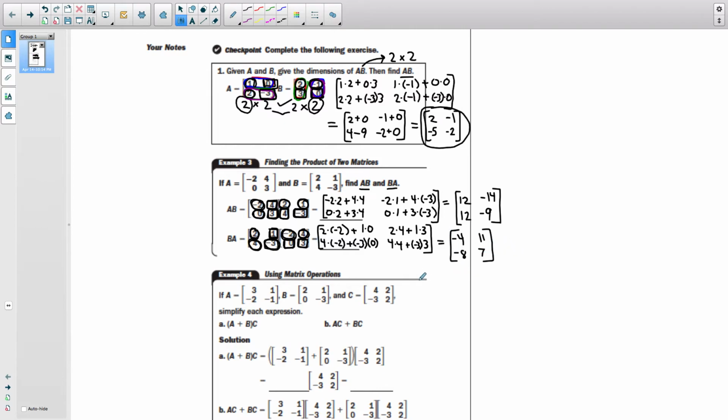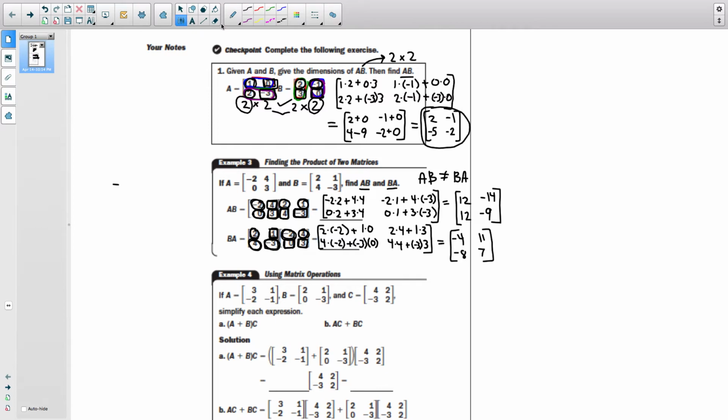All right, so notice here, AB does not equal BA. Those entries for both matrices are not the same. So matrix multiplication is not commutative.